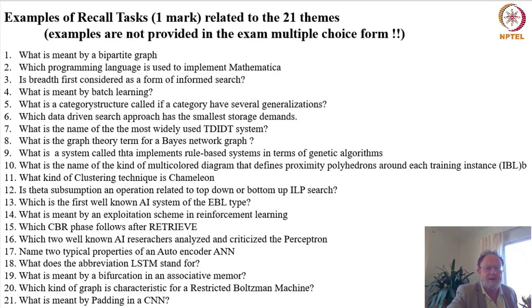It may be so that some of these questions have occurred in the assignment. Mostly I don't think they have, but it could be so. So it's not that these example questions are exclusive. These were the simple recall questions, 1 mark.